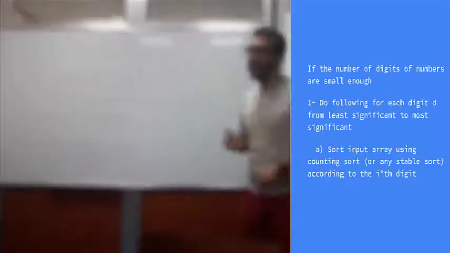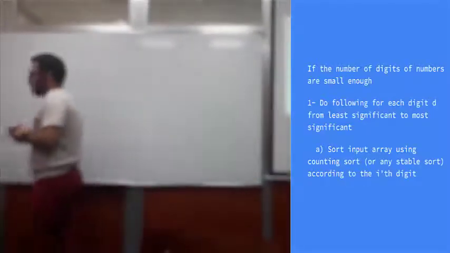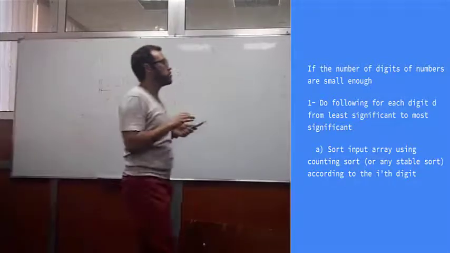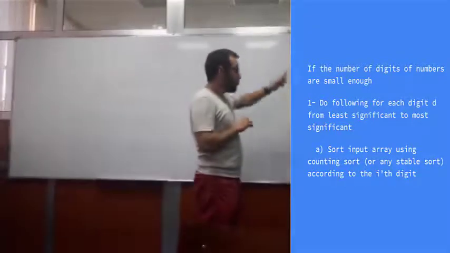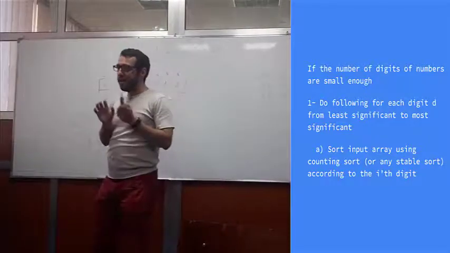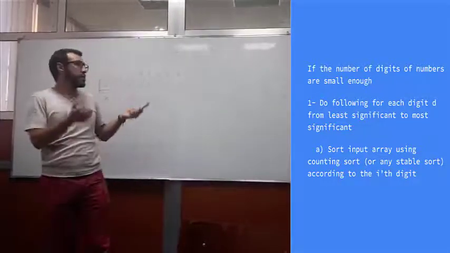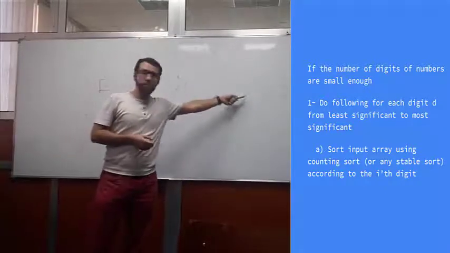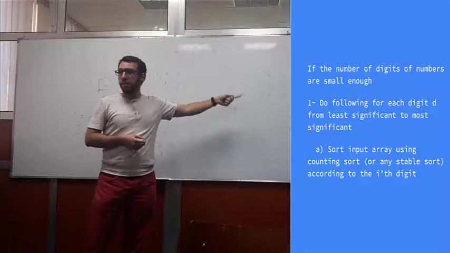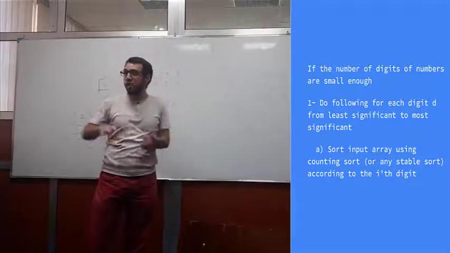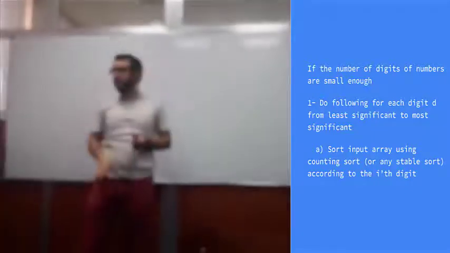So let's go over radix sort once again, because that part I think may not be very clear. Yesterday we didn't put stress on it. When we are sorting the input with counting sort, it has to be stable, or you can use any other stable sorting algorithm. And the reason is, as we mentioned, if we lose the previous order, then it's going to cause us trouble. Because first we sort them by the least significant digit.